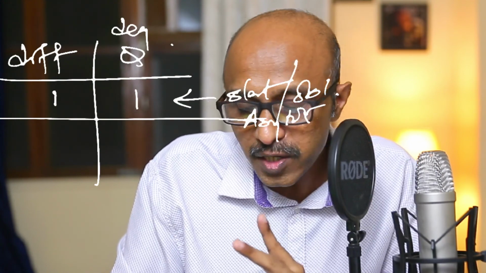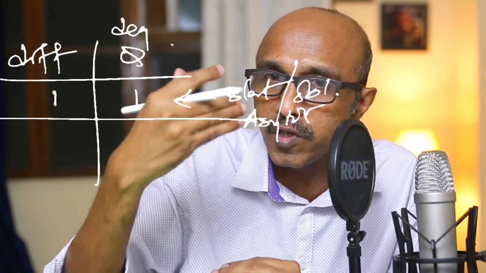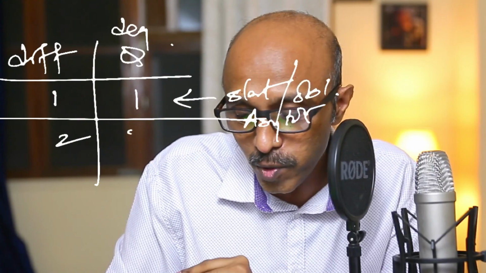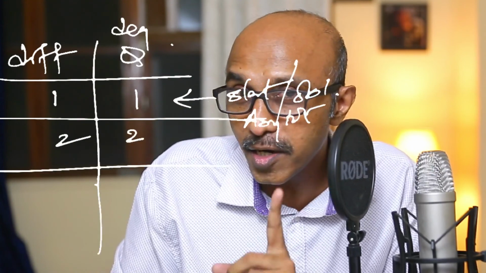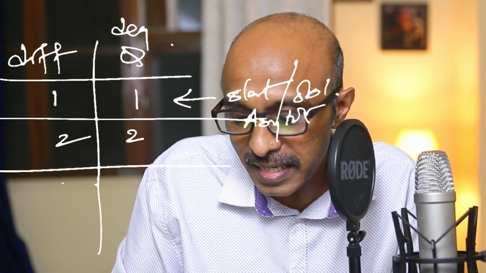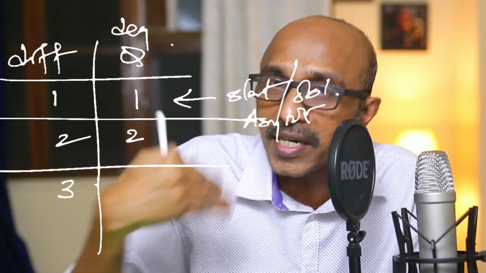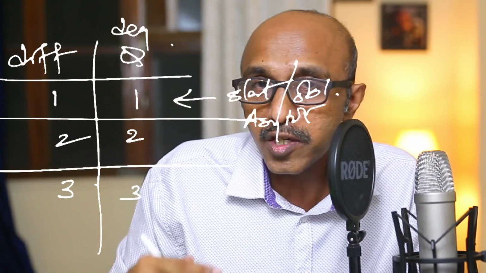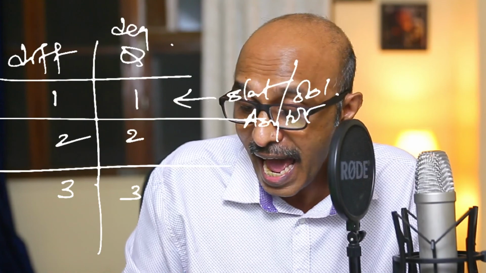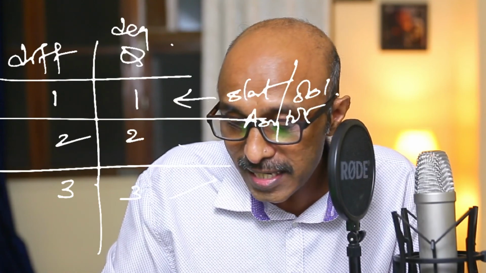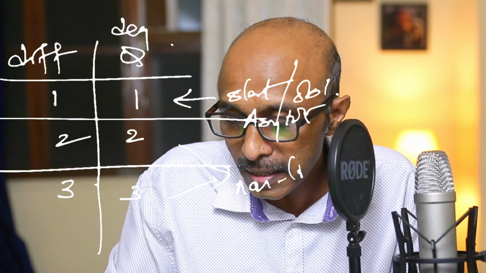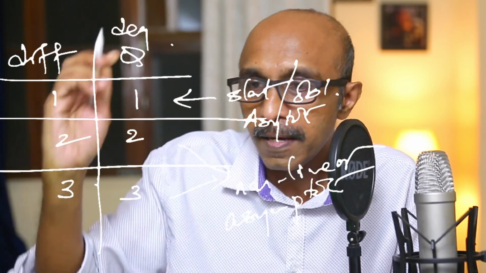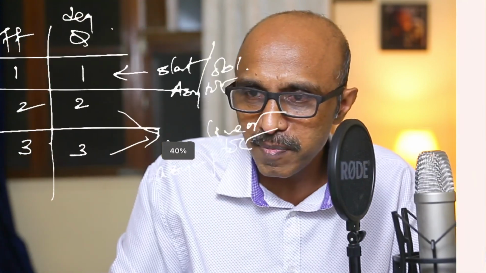When the degree of the numerator was greater than the degree of the denominator by 2, we got the degree of the quotient to be 2. We got a non-linear, a quadratic asymptote. And then when the degree of the numerator was greater than the degree of the denominator by 3, we got the quotient as a cubic polynomial expression. And that again seemed to be an example of a non-linear asymptote. All right, there's too many things now written in front of me, so let me just try and see whether I can move it away.